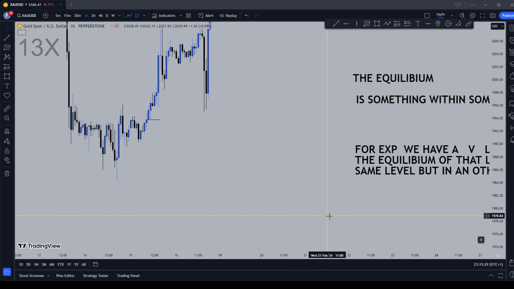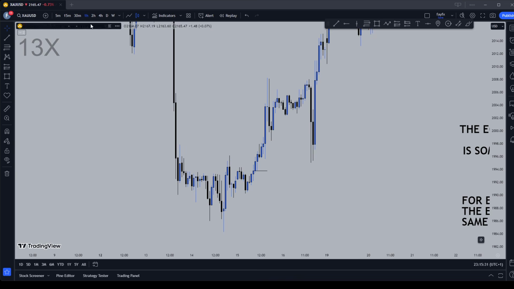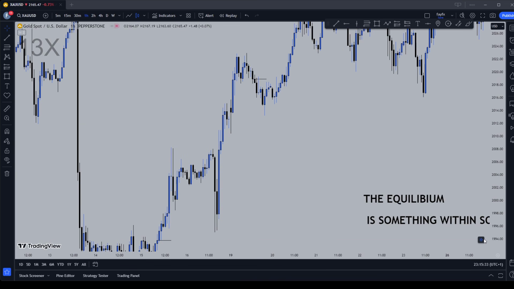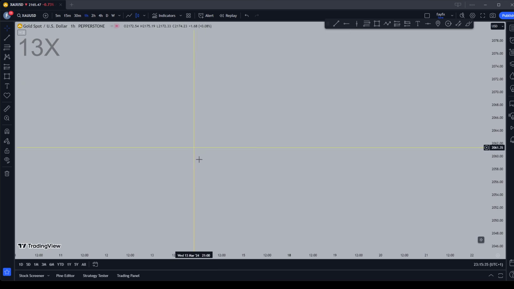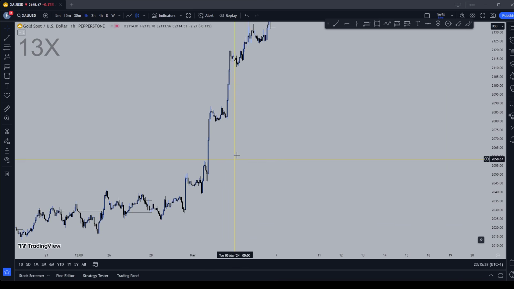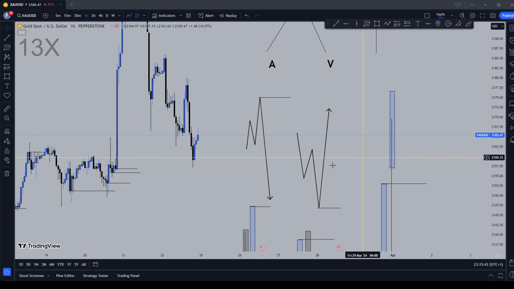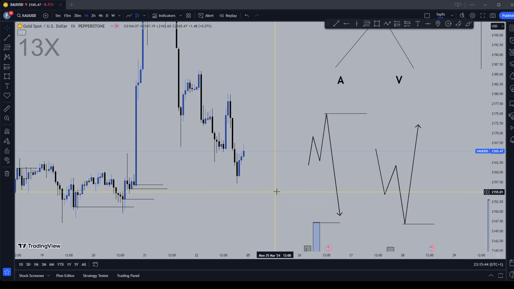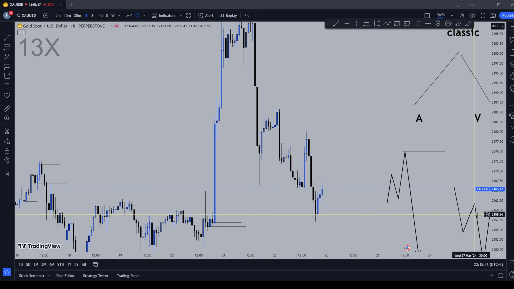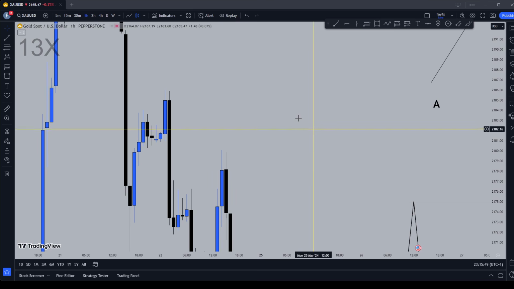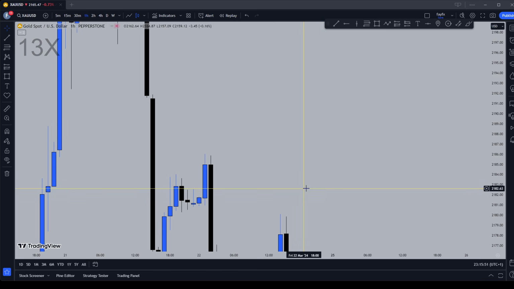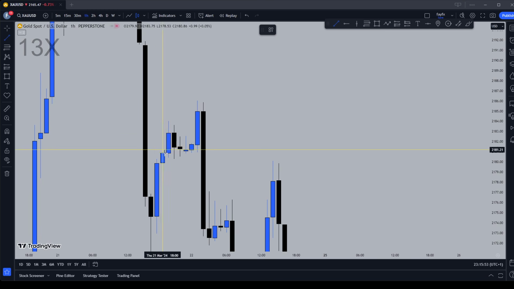Let's see some examples from the chart. Here we are in one time frame. For example, in 1 hour we have a gap here.